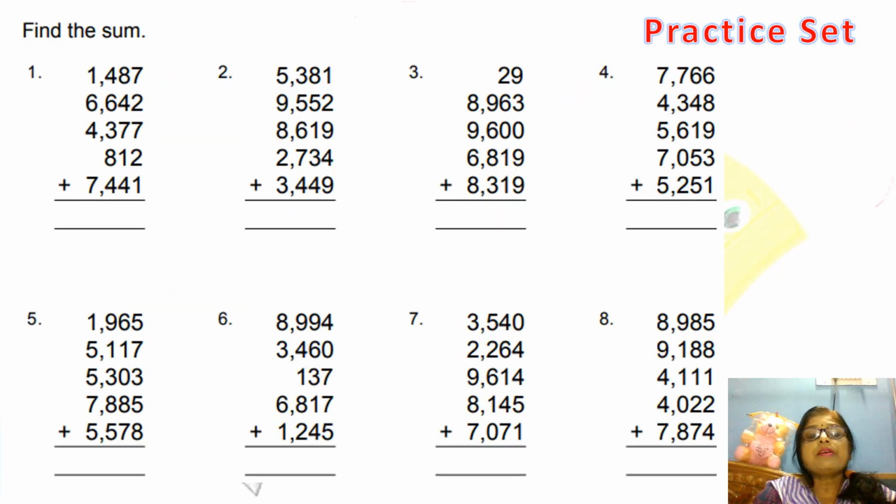My dear students, this is your practice set. So many sums are given here. It is already arranged. Only you write it in your copy and then you solve it. Very easy and you can do it. Be careful when you are solving all your sums.